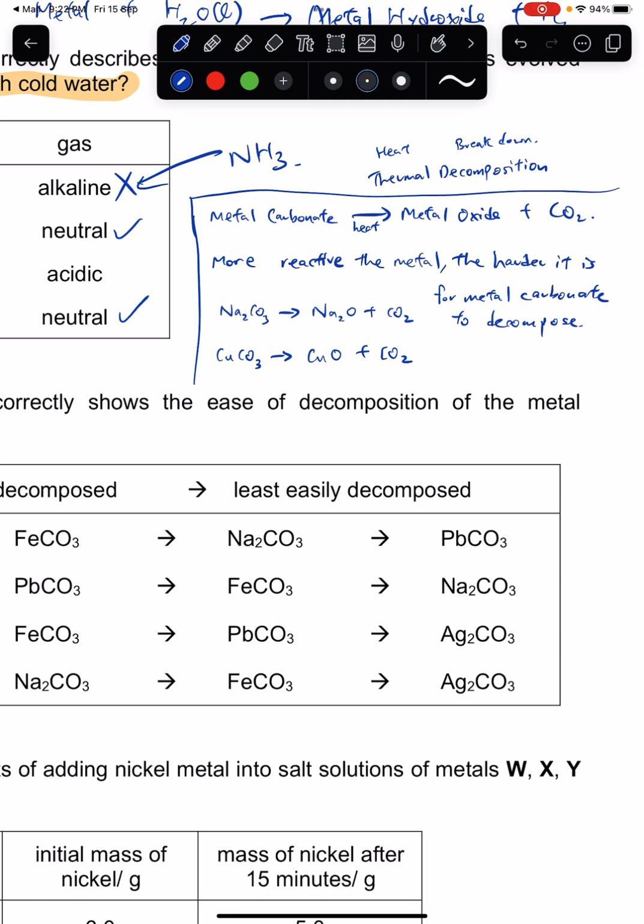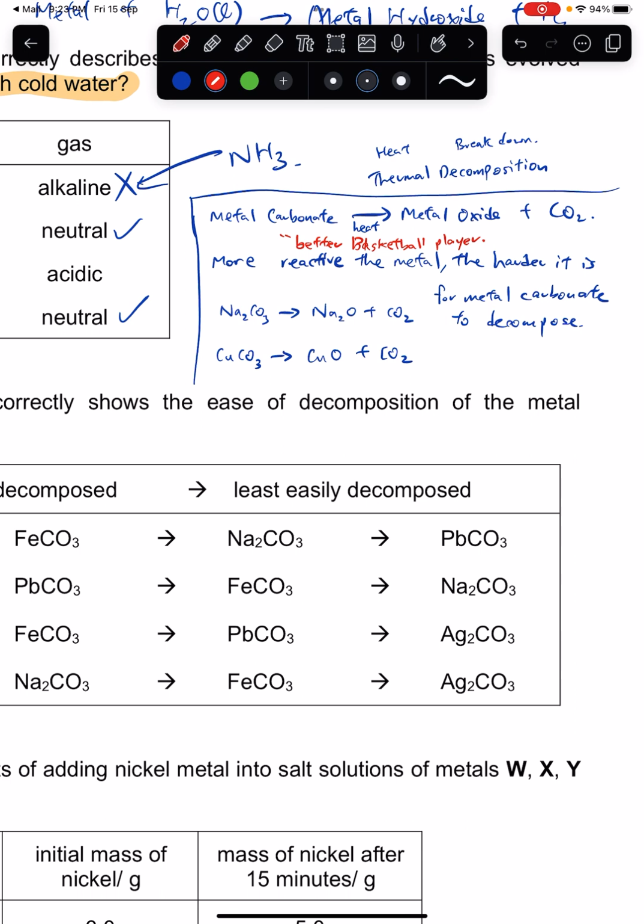What's the difference? So the analogy is this. The more reactive metal is like a better basketball player. So you see, what's happening here? You are essentially breaking it down, right?